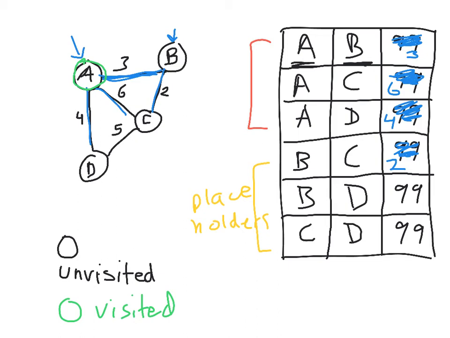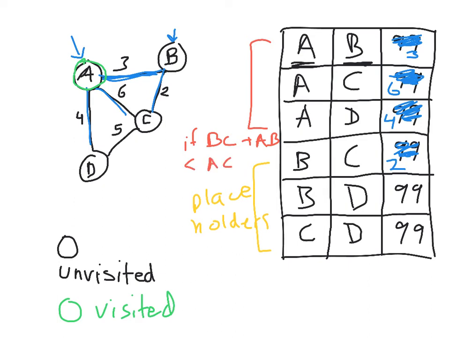The reason for that is we just checked B to C, and what we need to compare is if B to C plus A to B, I'm going to write that down, if BC plus AB is greater than, or in this case less than, AC.